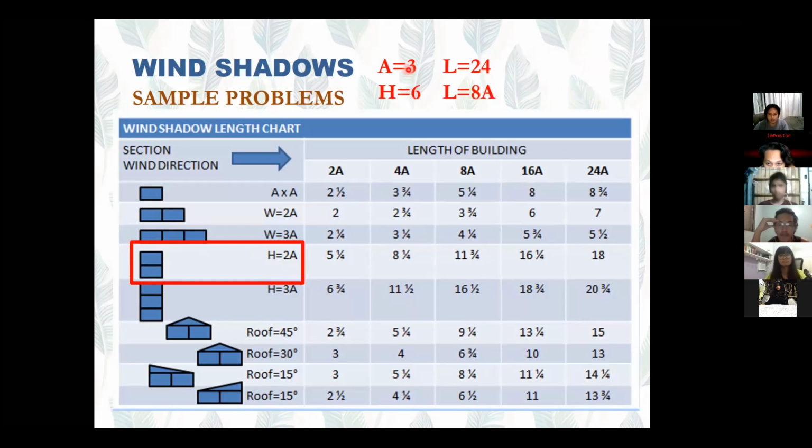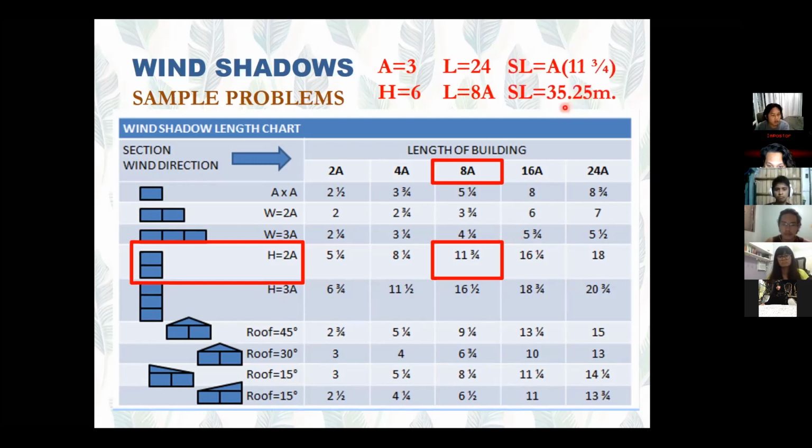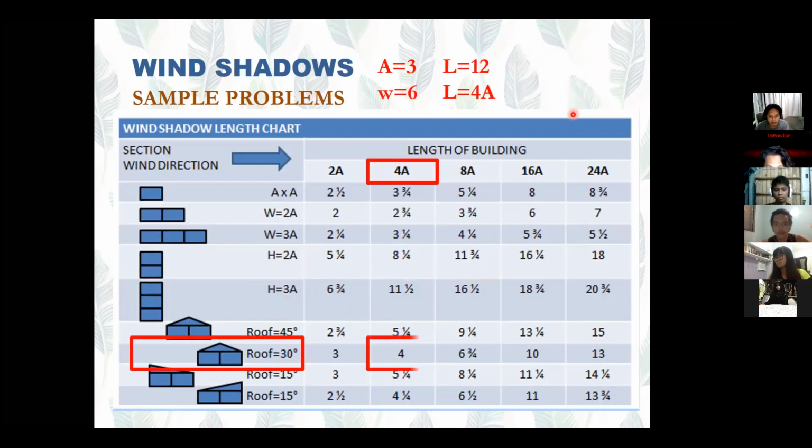Tapos, A over 3, 8A pa rin. Now, as you increase the height ng building, mas tumataas patuloy yung wind shadow. 35.25 meters yung wind shadow. Yan. Okay. Similar examples pa rin.